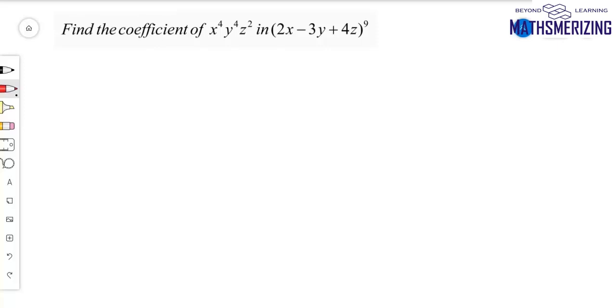So I know that the general term in this case will be the summation of n factorial times (2x)^a1 (-3y)^a2 (4z)^a3 upon a1 factorial, a2 factorial and a3 factorial, where a1 + a2 + a3 should be equal to n, which in this case is 9.